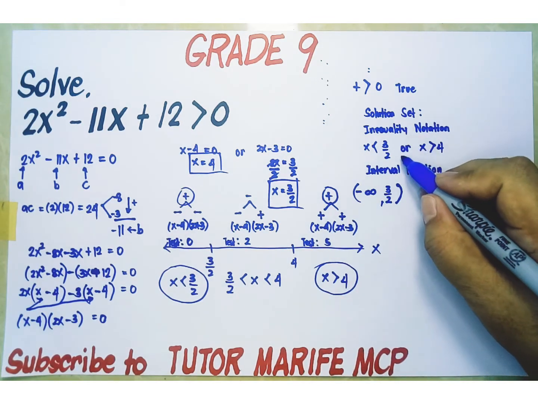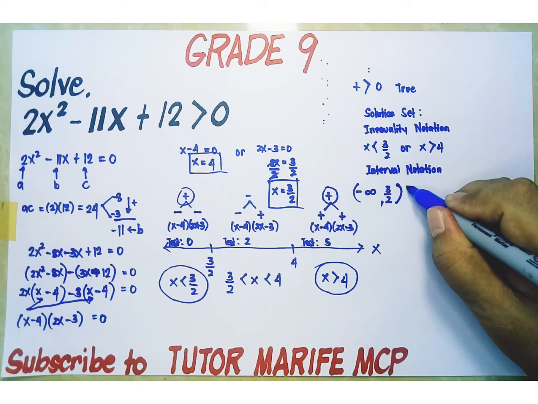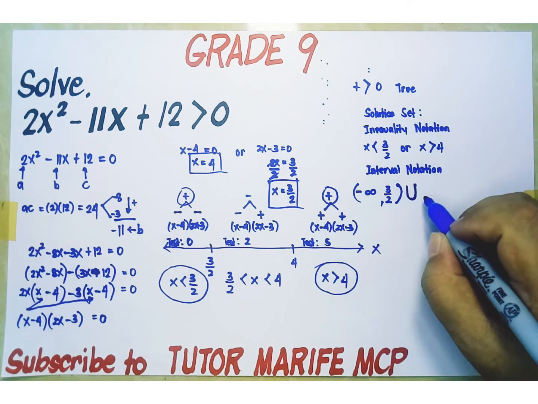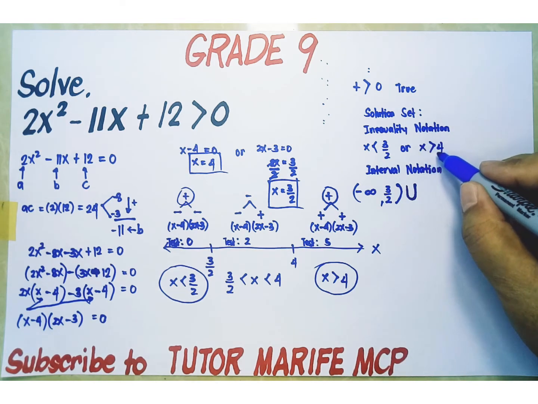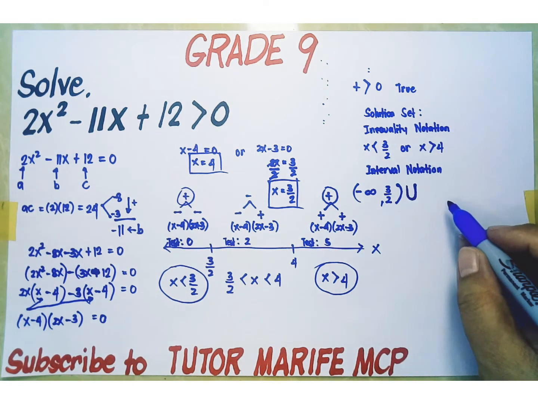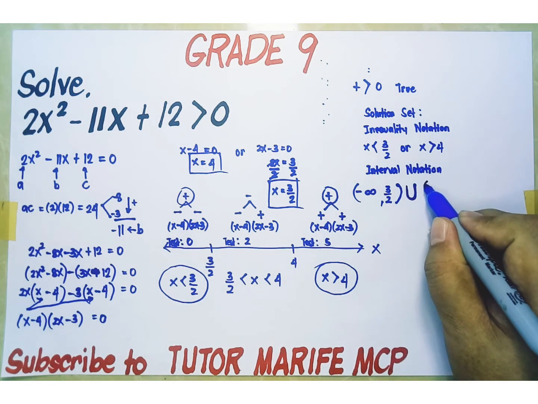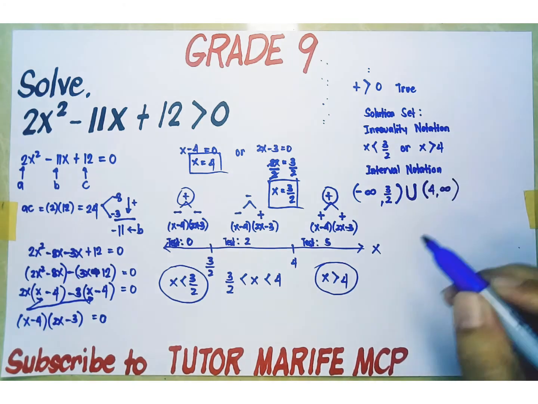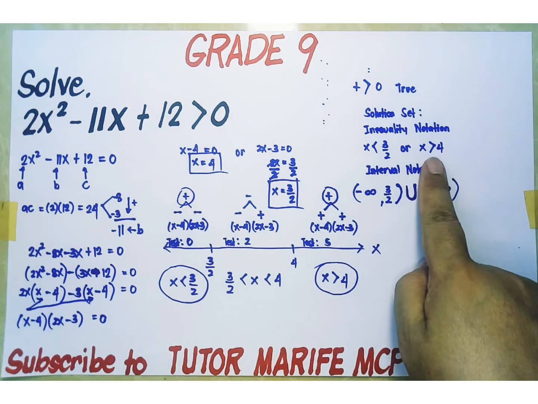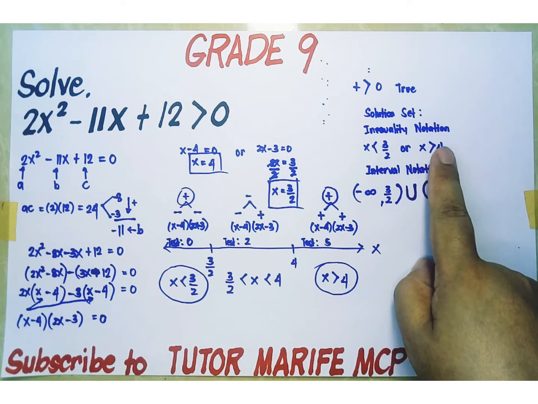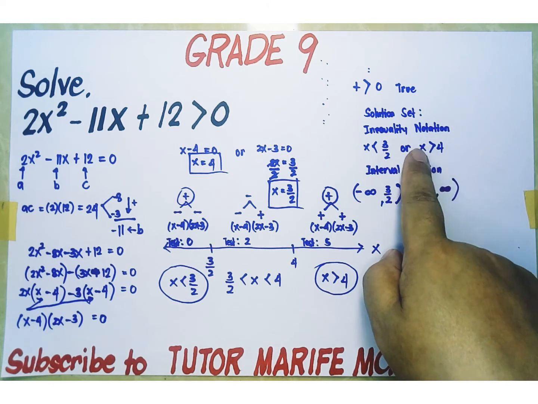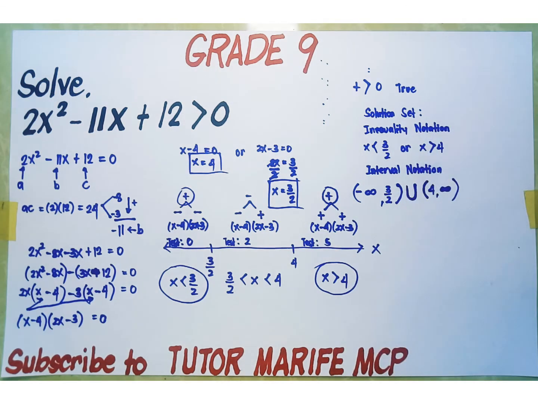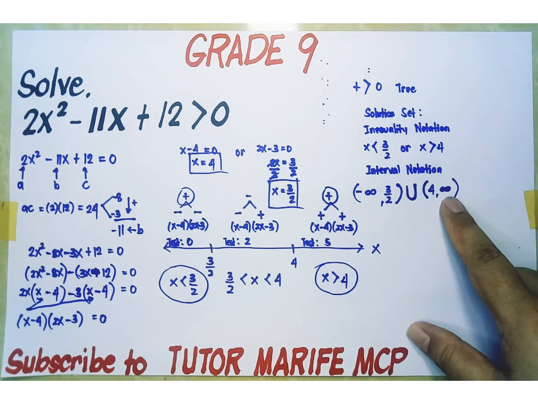Or you replace the word or with the symbol for union. So it looks like capital U. In interval notation, x is greater than 4 can be written as 4 then positive infinity. It looks like an arrowhead pointing to the right. So this means all real numbers endless to the right up to infinity, positive infinity.